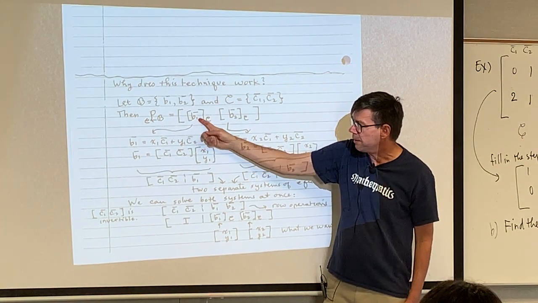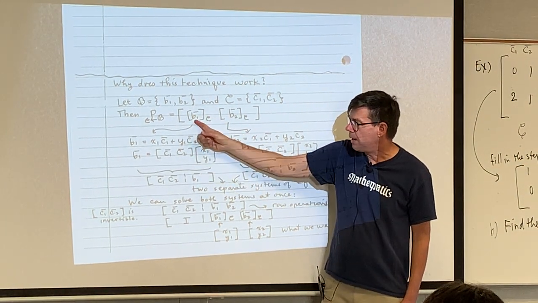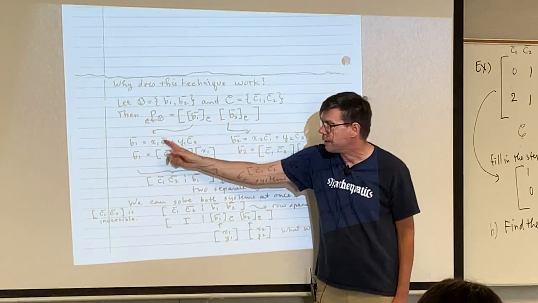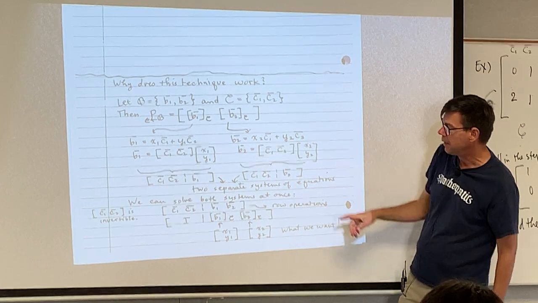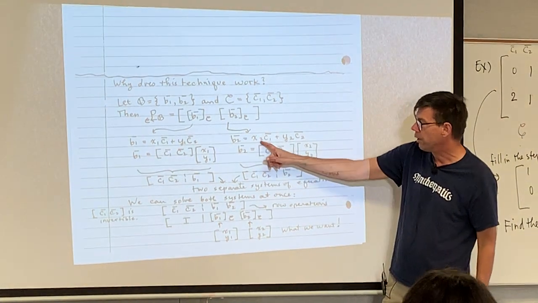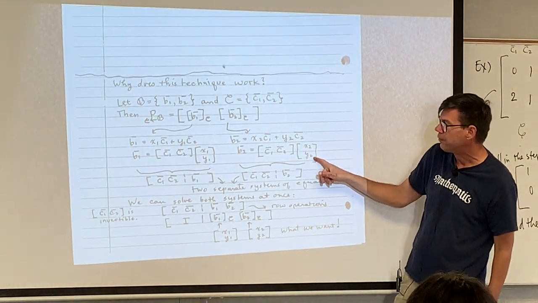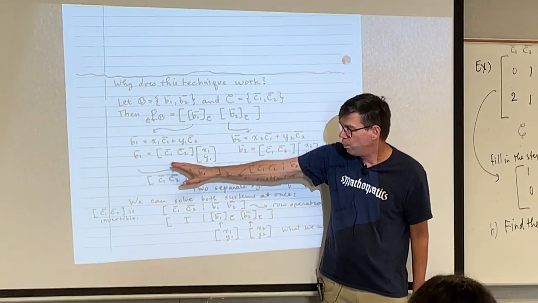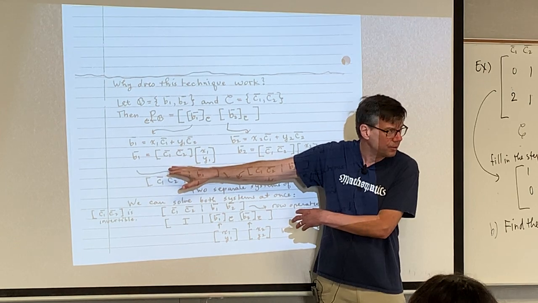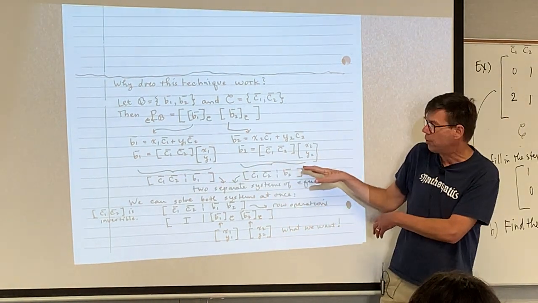This column vector will have entries x1, y1 according to this equation, just like what we did at the beginning of class. For B2, we're really looking for the x2, y2 values for the second column. So just like on the warm-up, we had two systems of equations.